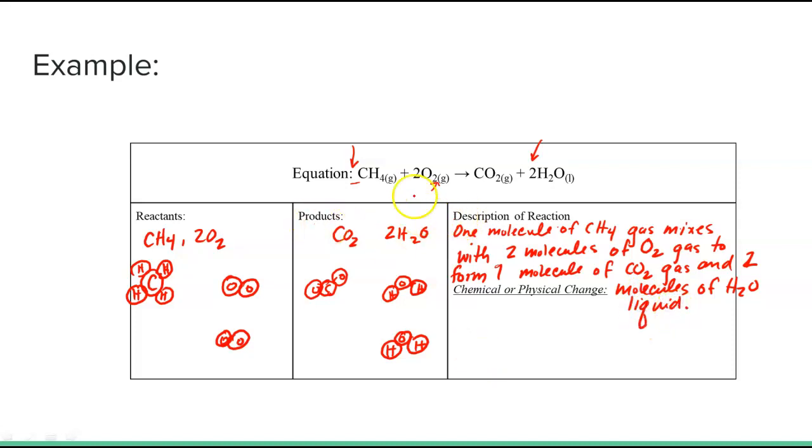I take a look. Is my arrangement the same from beginning to end? It is not. I have a new arrangement, and so it is a chemical change.